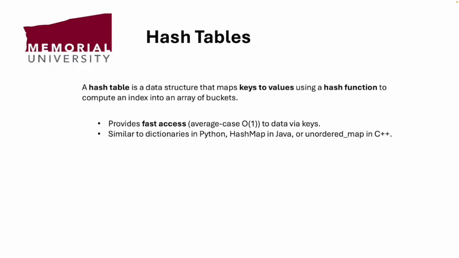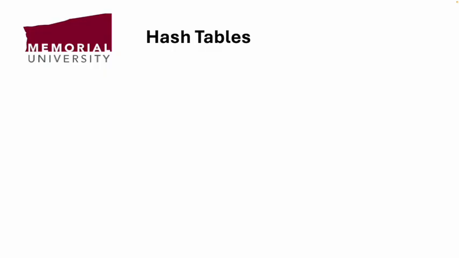The average time is big O of 1 to retrieve data through the key. Similar to a dictionary in Python, HashMap in Java, or unordered_map in C++. These are built-in hash table libraries used in different languages.